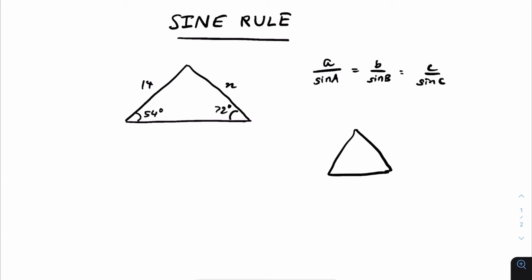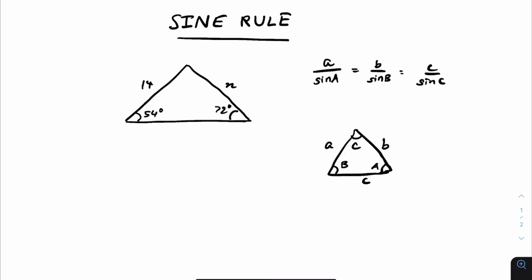If you have sides a, b, and c, the corresponding angles are the opposite ones. The opposite to a is this angle over here, so we would say this is angle A. Then the opposite to b is this one, so B, and this is C.